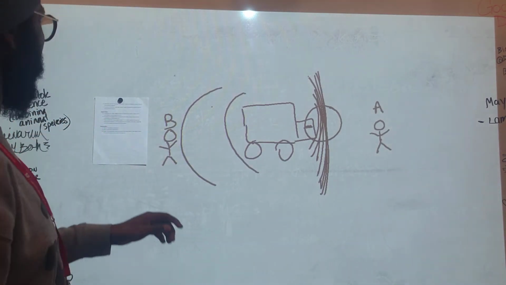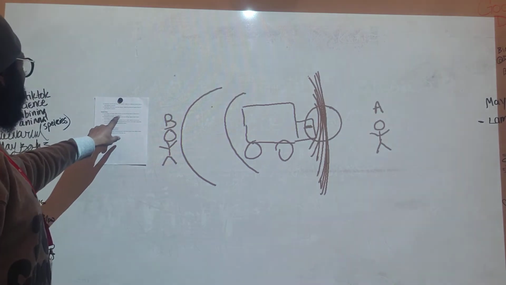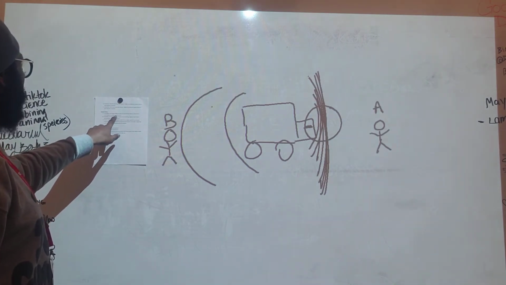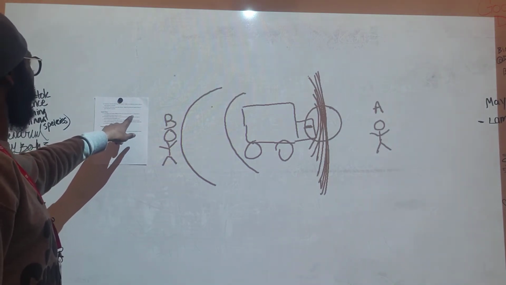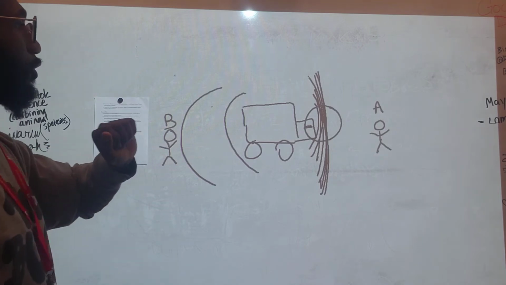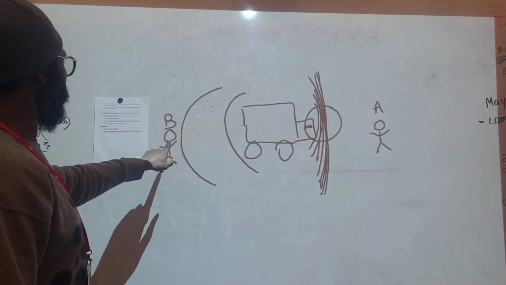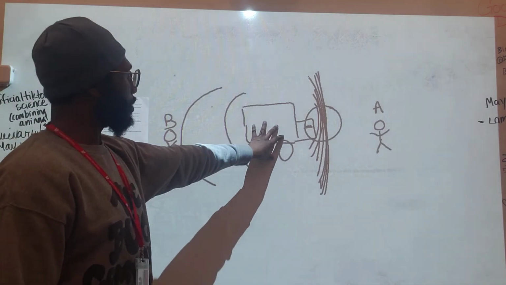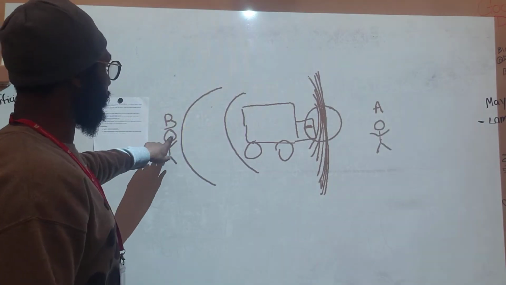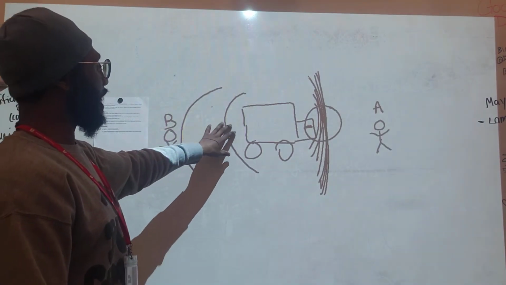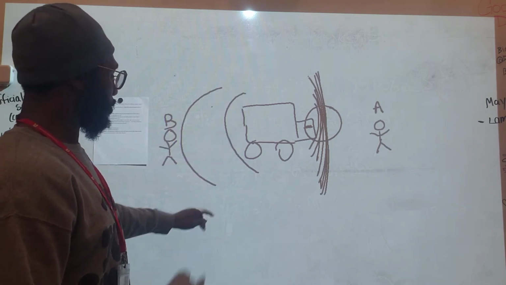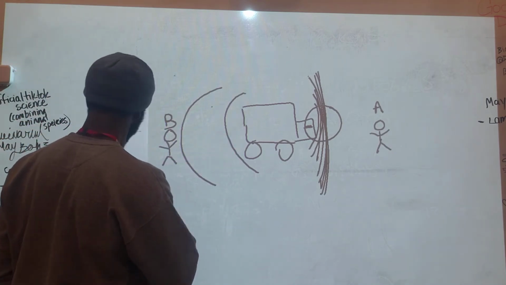Now we're gonna look at problem 15, which asks us, according to the Doppler effect, the pitch of a sound will get higher or lower when the sound is moving away from you. Now, as we see here, the sound of this ambulance is moving away from person B, and the sound waves spread out more, so this is going to be a lower pitch.